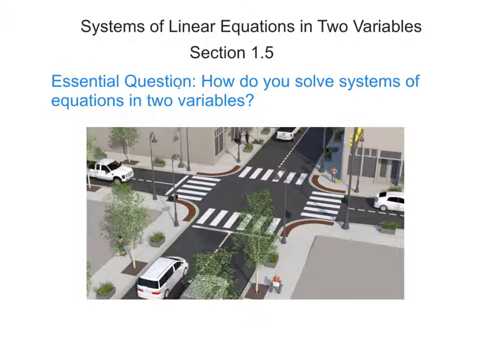Now let's start off by thinking of the intersection of two streets. We have two streets that intersect, and there is a common region to both where they intersect. So you might think of this in mathematical terms by going to a graph where you have two lines that intersect.